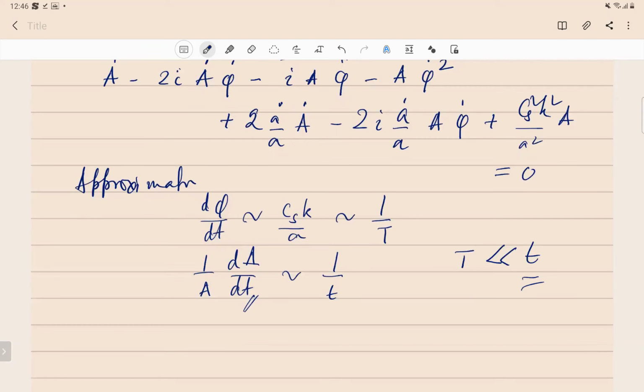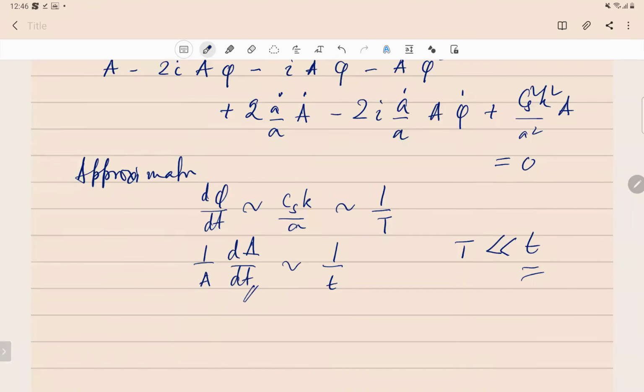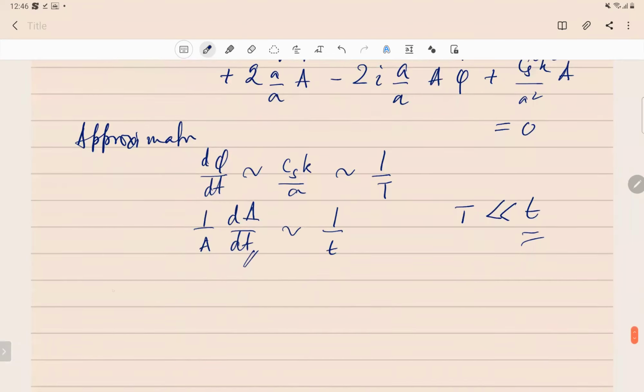So with that, there would be a lot of simplification. We can drop all the terms which involve the second derivative, the derivatives of A. So all these derivatives of A we can drop. So very good. Once we do that, we will ignore all A double dot and A dot terms.